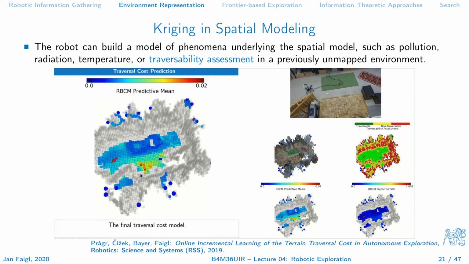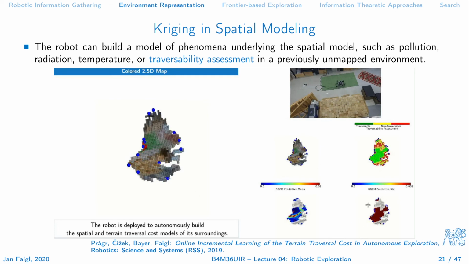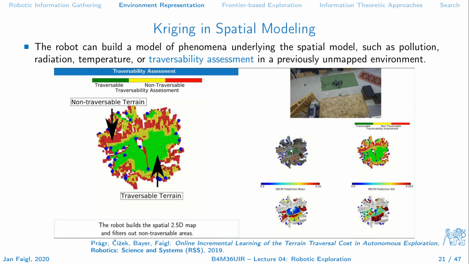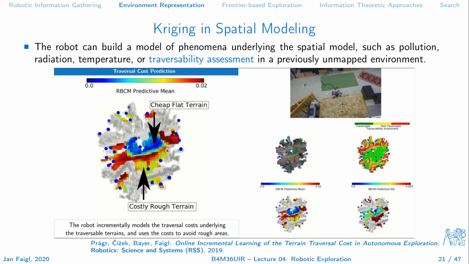At the beginning, the robot doesn't know anything about the environment. It models the traversability, and this is the variance of the model. So this is the uncertainty, and the robot is really unsure about these wooden blocks, which are red, so it is going there. It thinks it is quite easy to traverse, but after a few steps, as you can see, the model is updated.